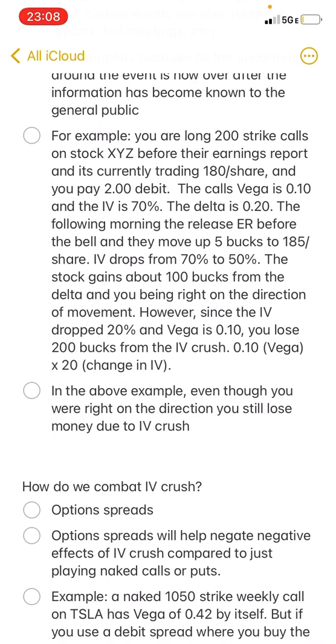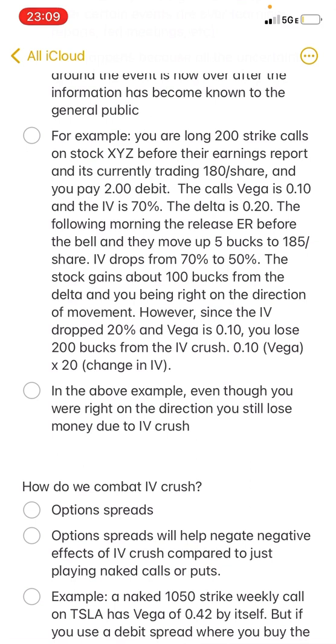And you're paying a 2.00 debit for it, okay? The vega is 0.10, and the IV is 70%, okay? The delta is 0.20.